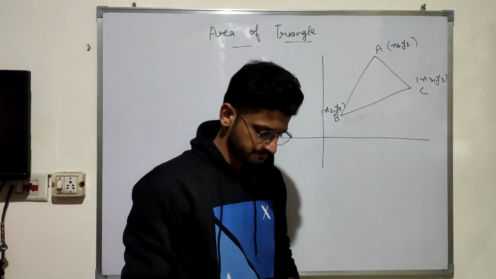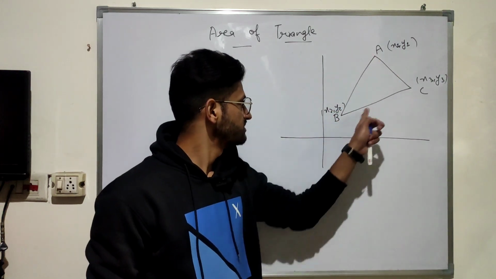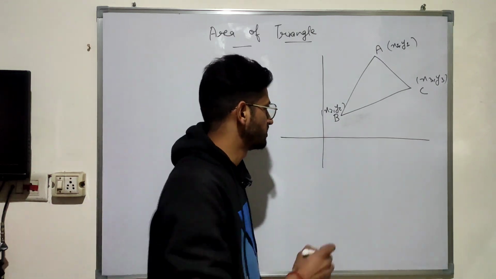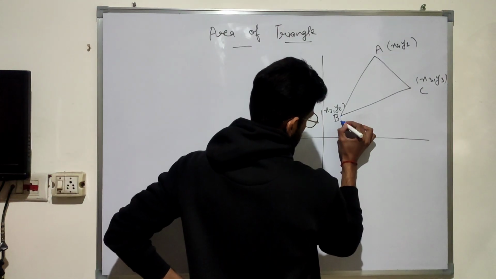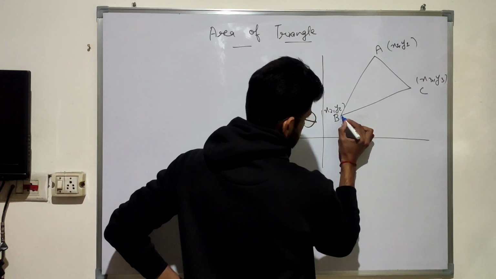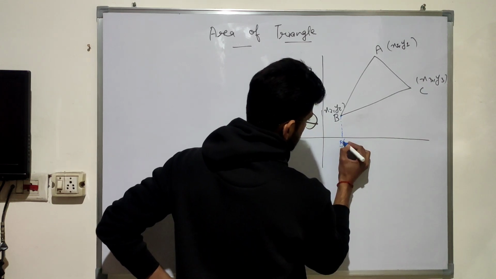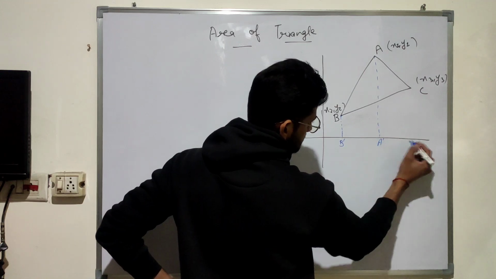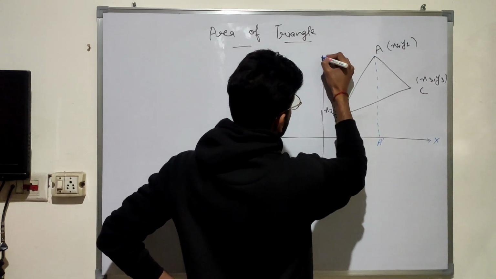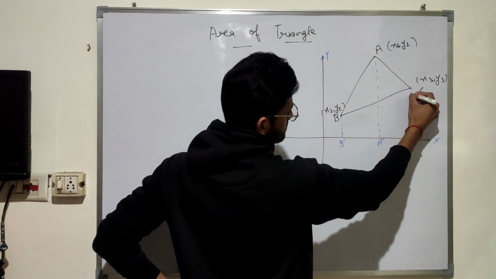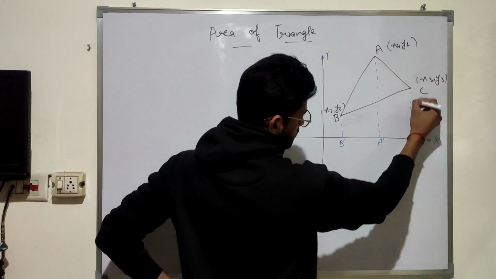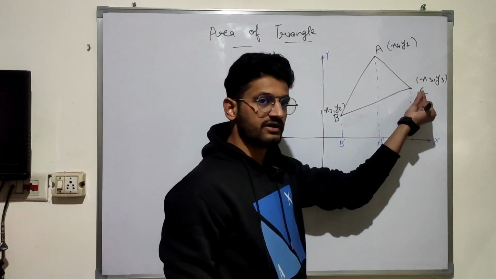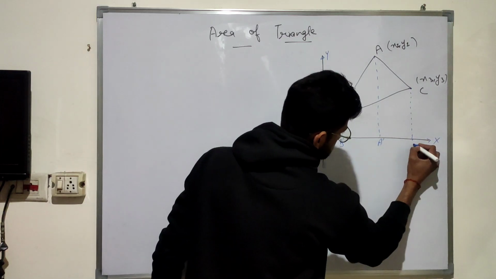We need to find the area of triangle ABC. To derive the formula, we will draw perpendiculars: we extend B to the point B dash, and A to A dash on the x-axis, and this is the y-axis. We take the foot of the perpendicular and extend C to C dash here.